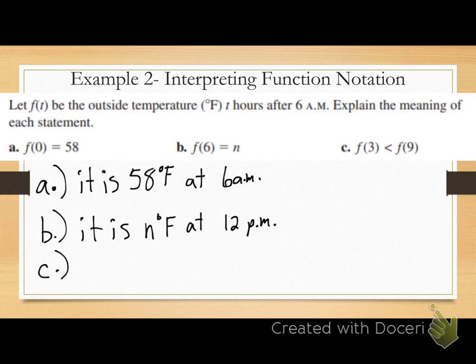Letter C, f of 3 is less than f of 9. Anyone want to take a shot at this one?